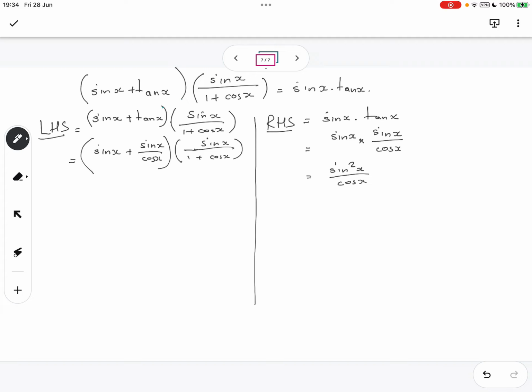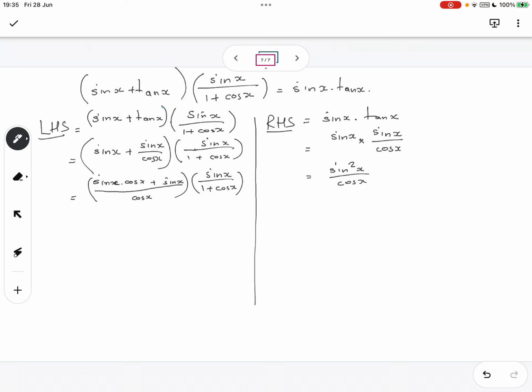Let's see, what do I get next? Okay, so then I can have sine x times cos x plus sine x, and all of this is over the cos of x multiplied by sine x over 1 plus cos x.